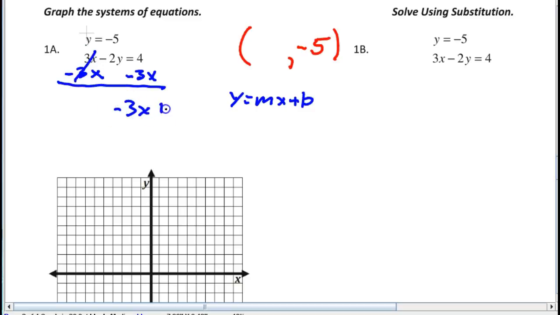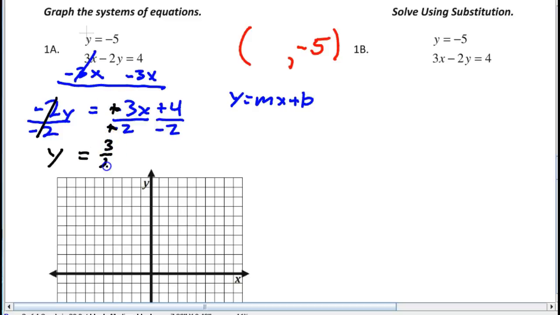Not just follow along. Okay, divide by 2 everywhere. So we got y equals, remember, negative over negative is positive. We have positive 3 over 2 x. And positive over negative is negative.